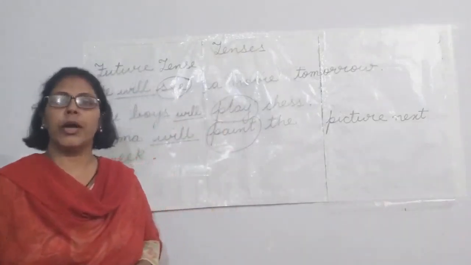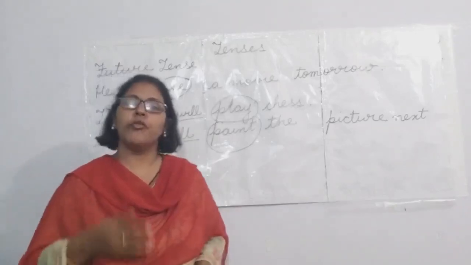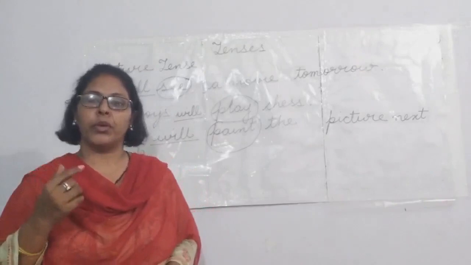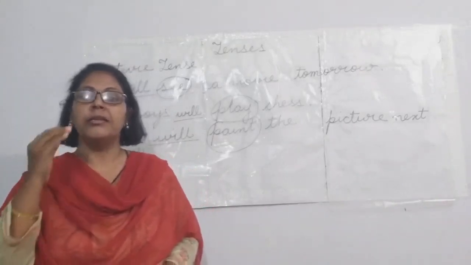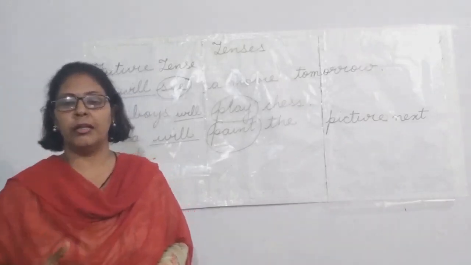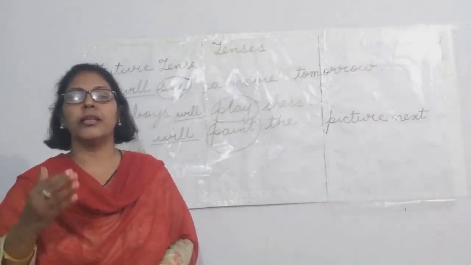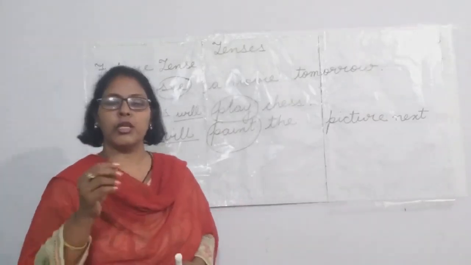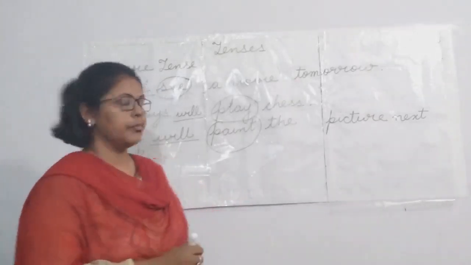Okay, next one is in case of pronouns like I and we. Okay, pronouns like I and we, the word shall. Okay, the word shall is used to show that the verb is in future form. Okay, so I'll show you with few examples here.